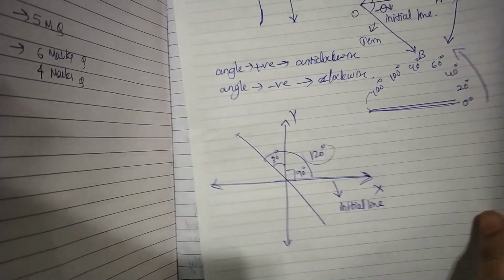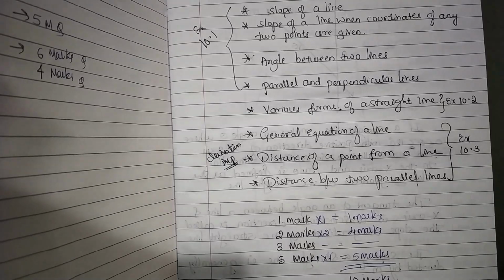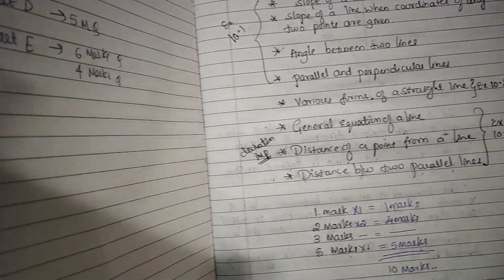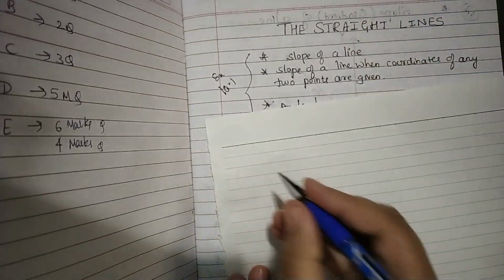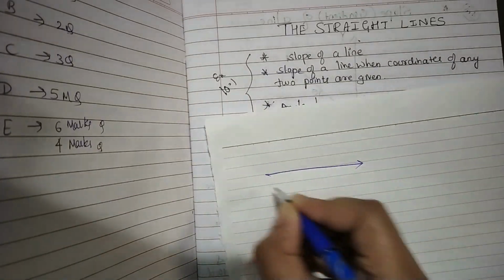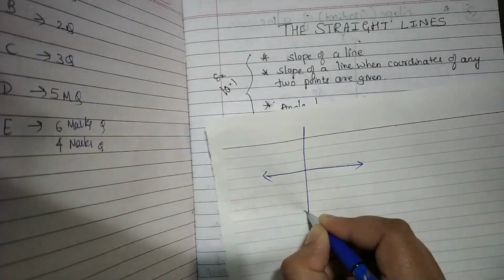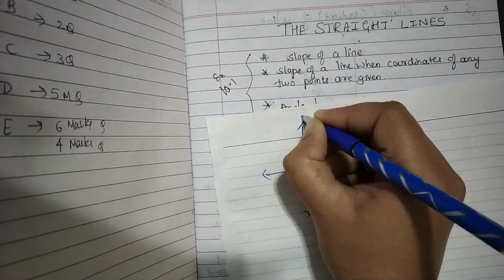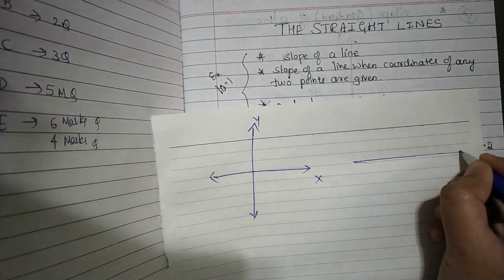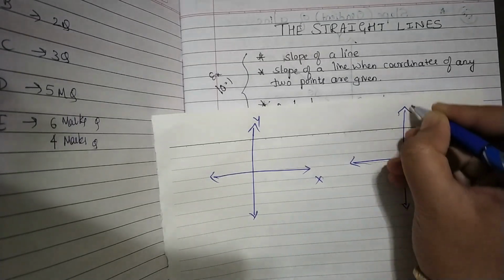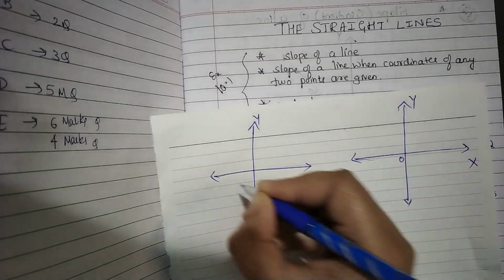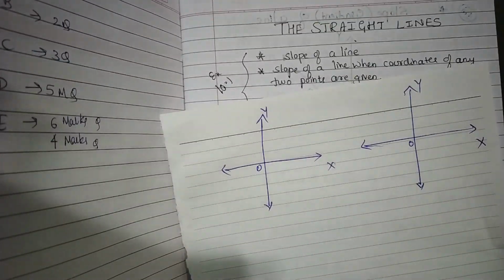Okay, so let's define slope of a line. Slope of a line is nothing but, so we'll consider the coordinate axes, that is x-axis and y-axis with origin. So what do you mean by slope of a line?